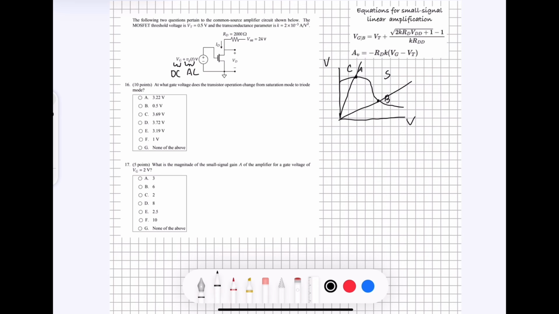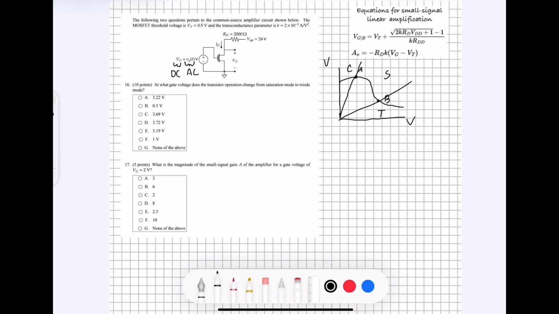So CST, let's abbreviate it like that. What we're looking for is what the gate voltage would be at this point B here, and that's why this voltage has G and B, because it's the gate voltage at point B. That's why the B is in there.